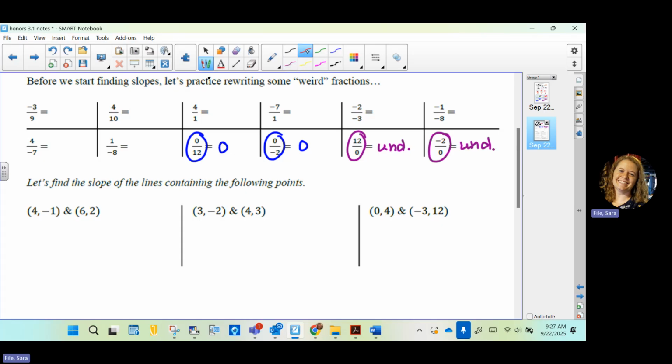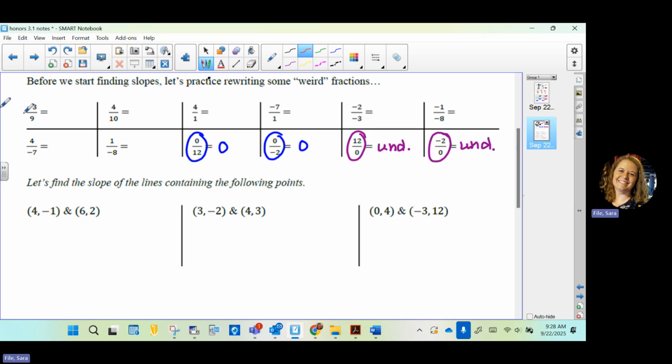Now I'm just going to go through the rest of these. I don't see zeros anywhere. So we are going to have slopes other than 0 or undefined. A positive divided by a positive is a positive. A negative divided by a negative is a positive. So just remember, they are the same sign, either both positive or both negative. You end up with a positive slope. If one is positive and one is negative, it doesn't matter if it's numerator or denominator.